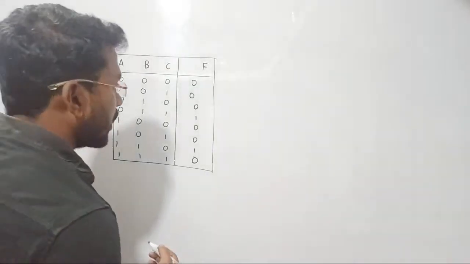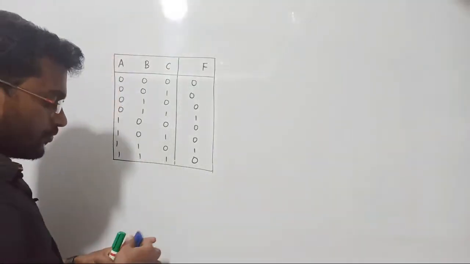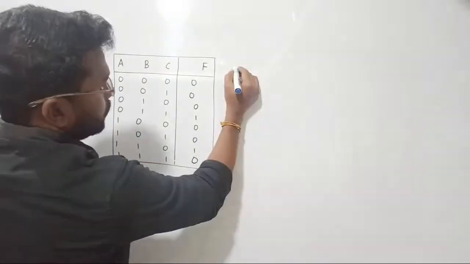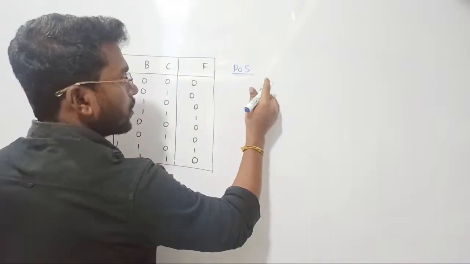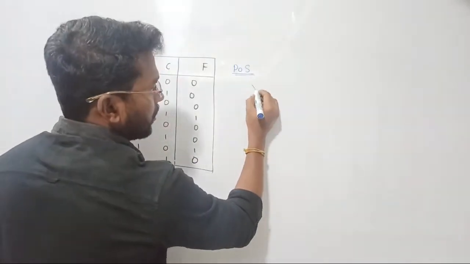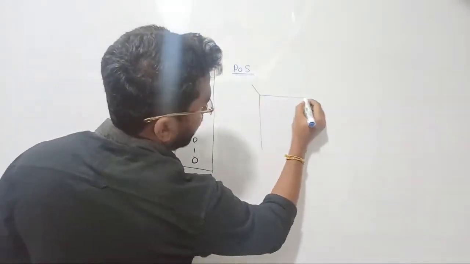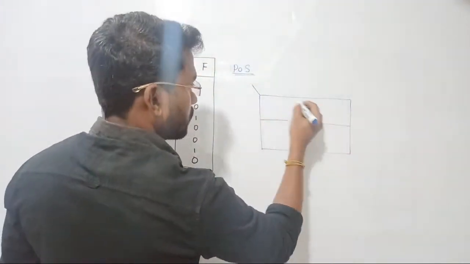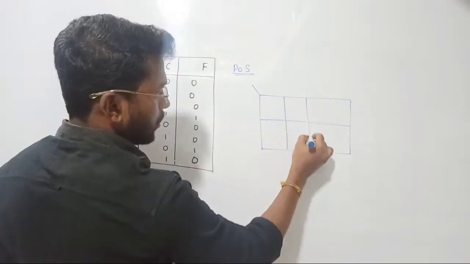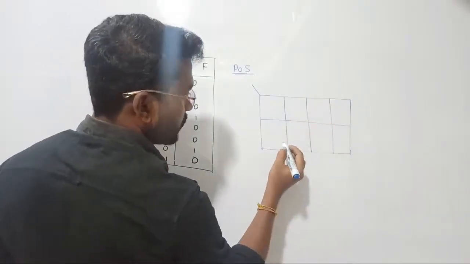So we have to write the product of sum. Once again we have to put these values into the K-map with 8 cells, and let's group them.